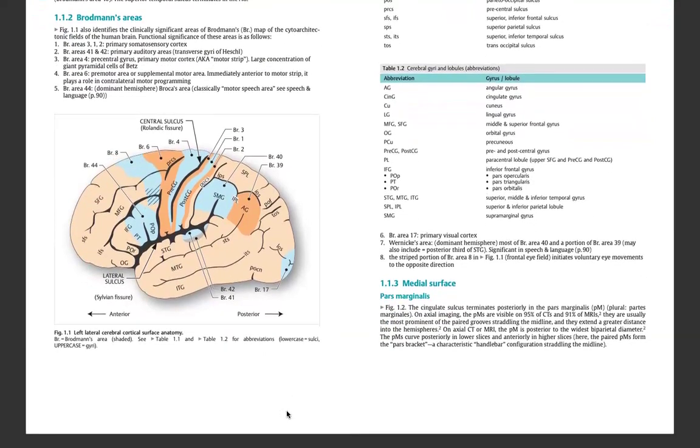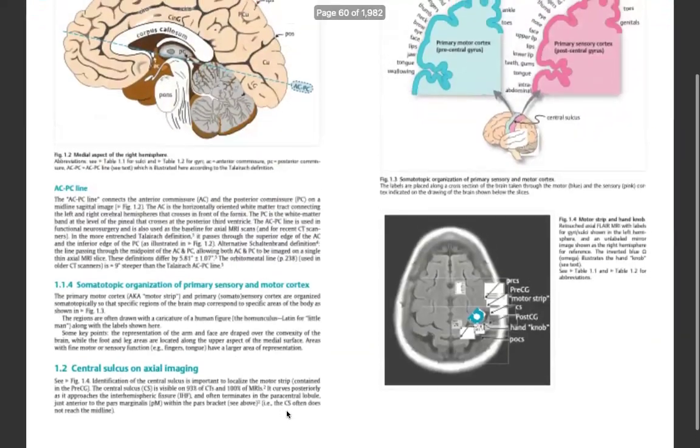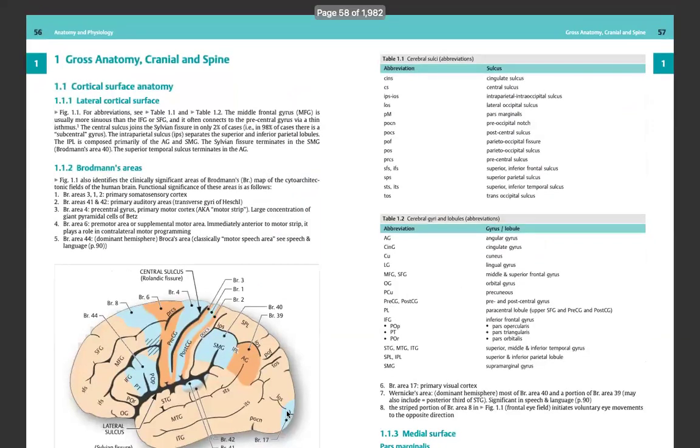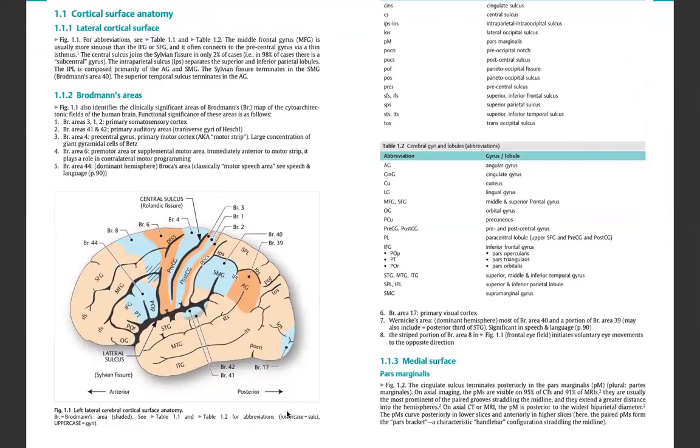So we move to the medial surface of the brain. The cingulate sulcus terminates posteriorly in the pars marginalis, and on an axial image the pars marginalis is visible in 95% of CTs and 91% of MRIs. Usually it is the most prominent of the sulcal groups straddling the midline, and they extend a greater distance into the hemisphere.